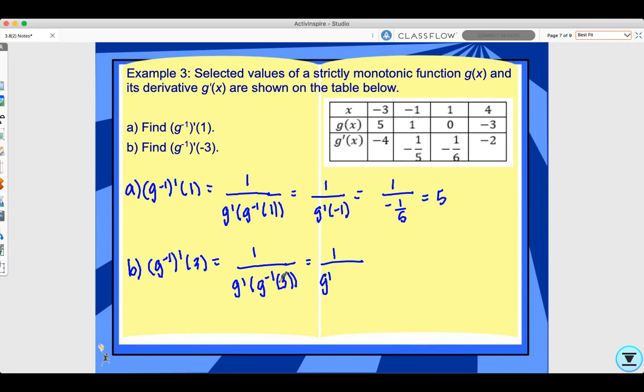I forgot my negative sign, so it should be -3. So this would be g prime of 4 because g of x is -3 here, so it would be 4. So g prime of 4. And this would be 1 over -2, so just -1/2.